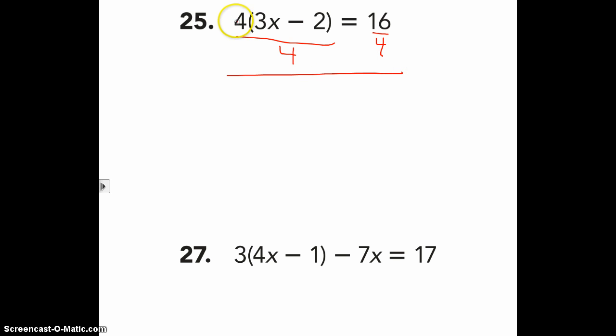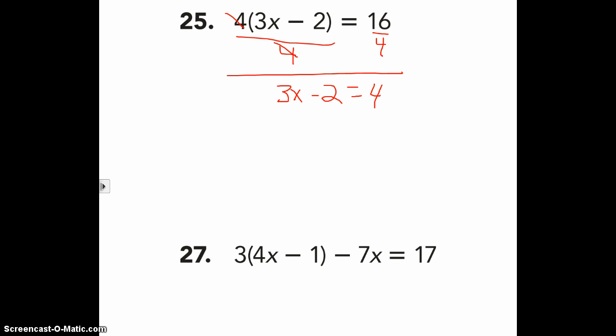And that will eliminate this multiply by 4 here. They cancel each other out. 16 divided by 4 is 4. And now I'm left with the equation 3x minus 2 equals 4. And you would use your inverse operations to solve from there. You'd add 2 to both sides and divide both sides by 3. You end up with the same answer.